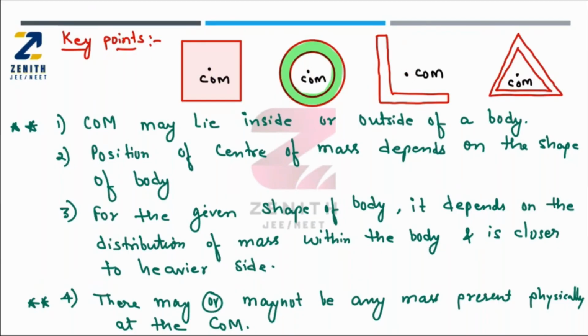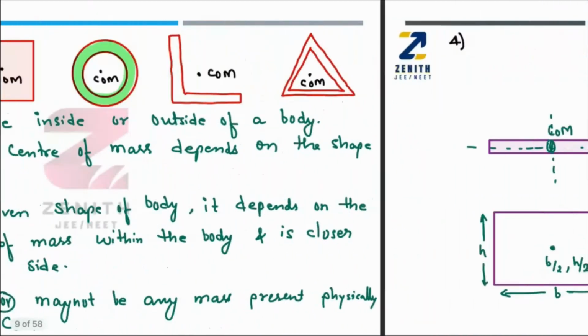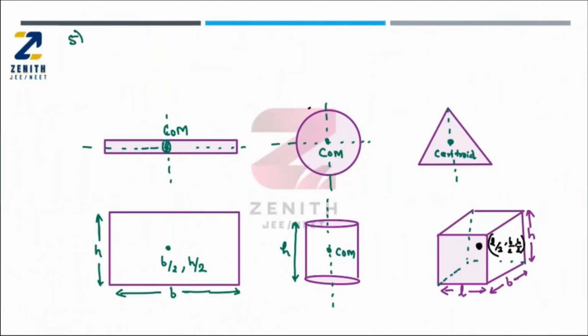Now the last one, which is for symmetrical bodies. Whenever the body is symmetrical about some particular axis, you can see here it is symmetrical about the x-axis and y-axis also.